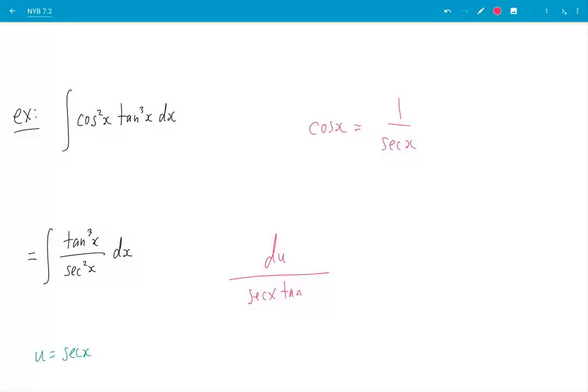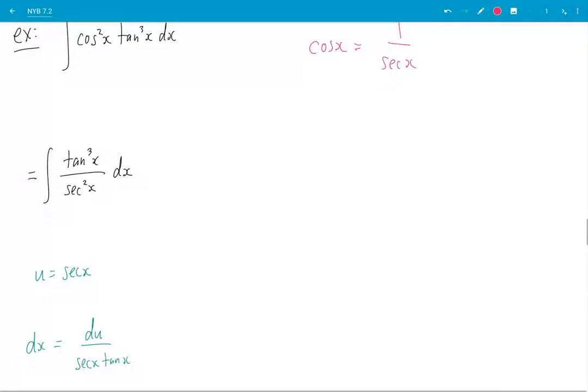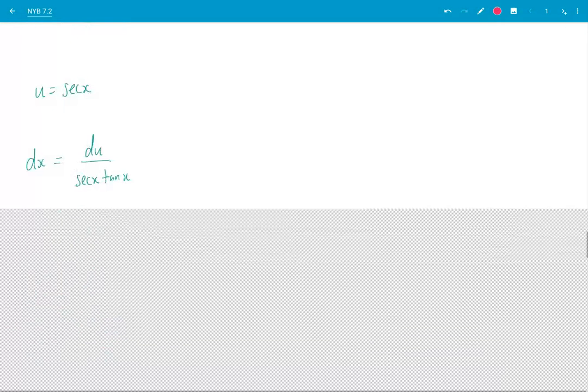That's going to appear once I do my substitution. This tan is going to cancel one of these, giving me an even power of tan, which puts a smile on my face, because even powers of tan can be converted.